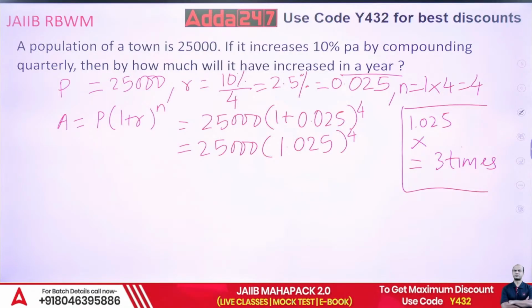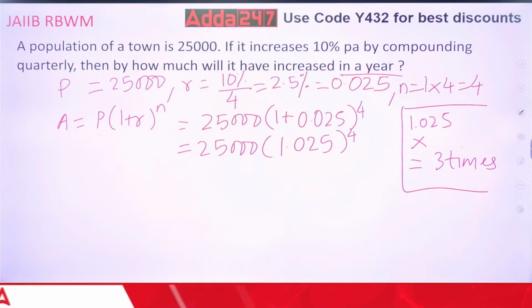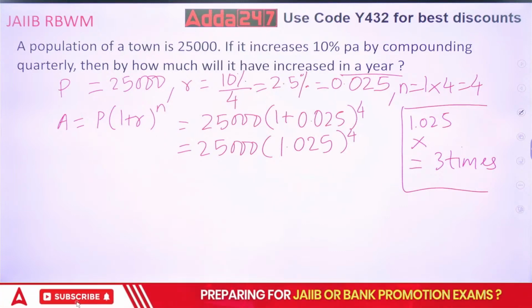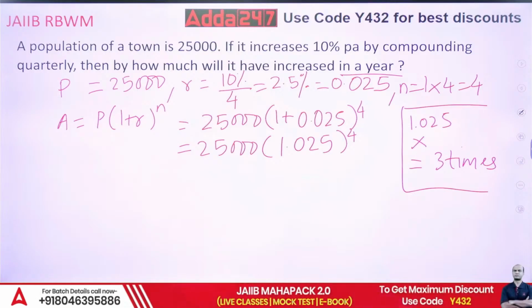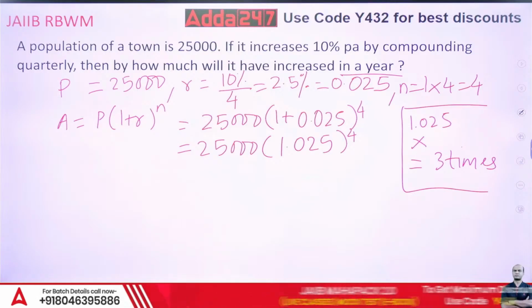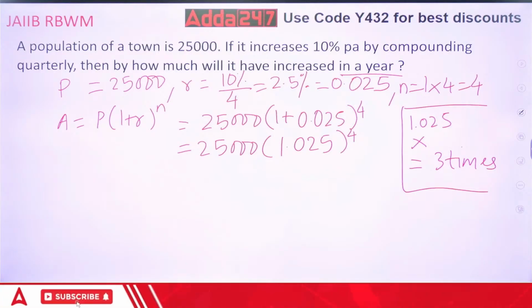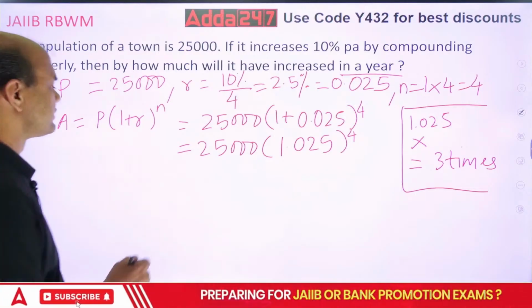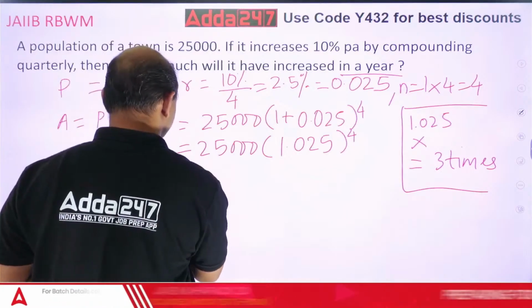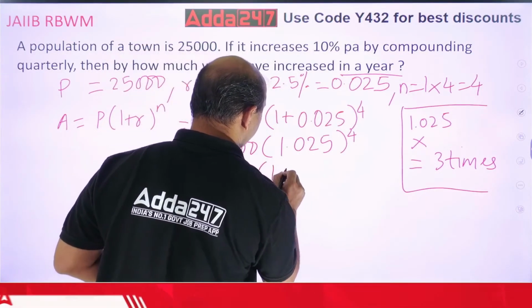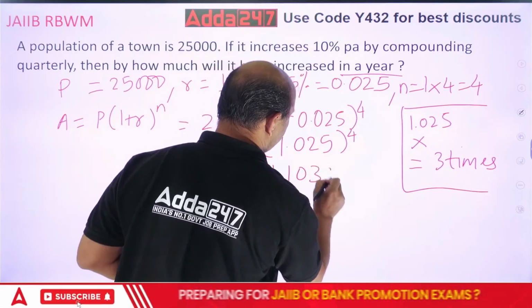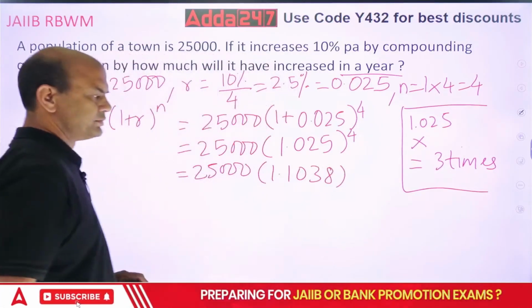Okay, so I am getting 1.1038. So the answer I am getting is 25,000 into 1.1038. Are you getting the same?